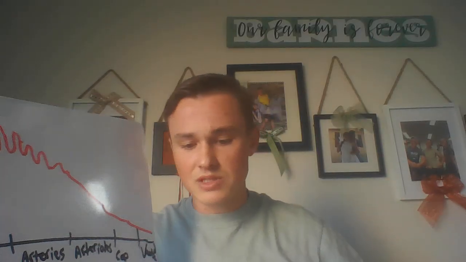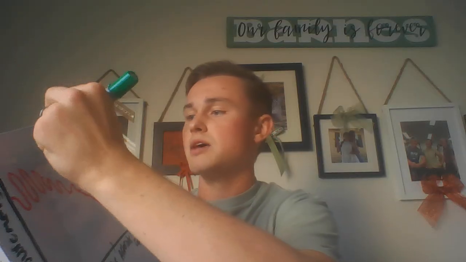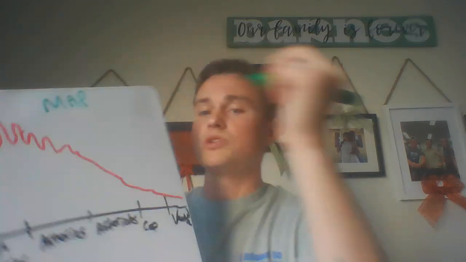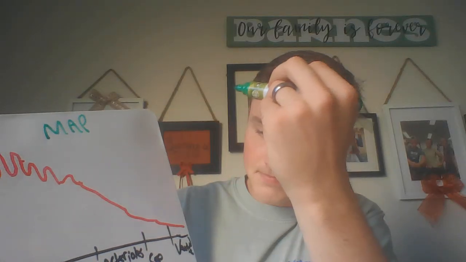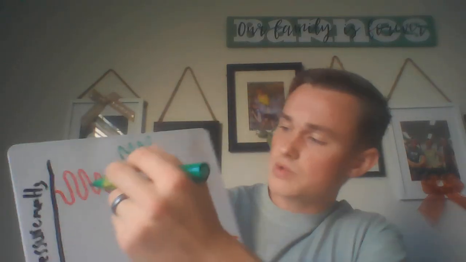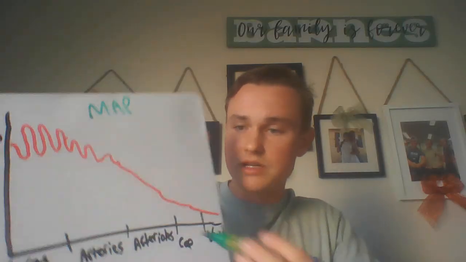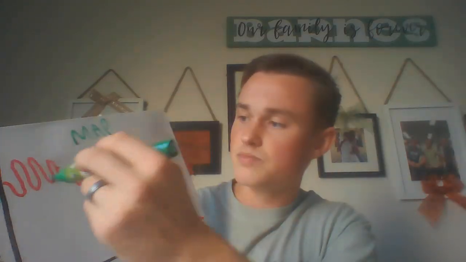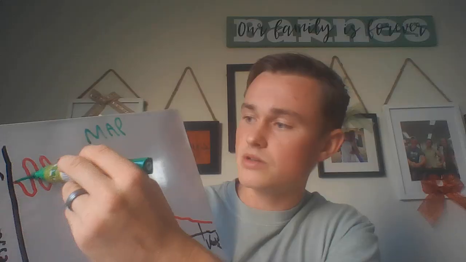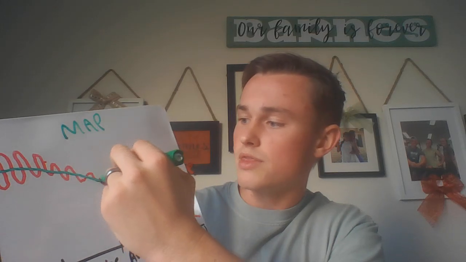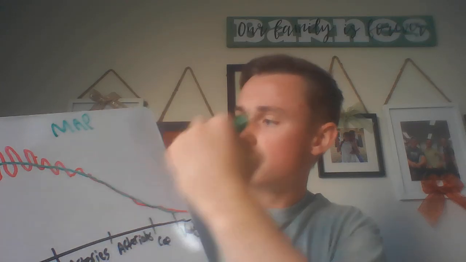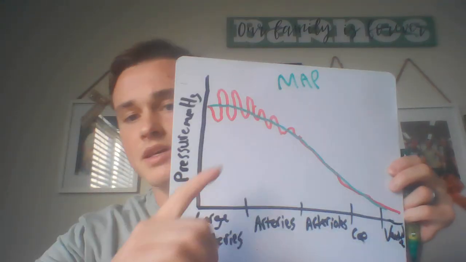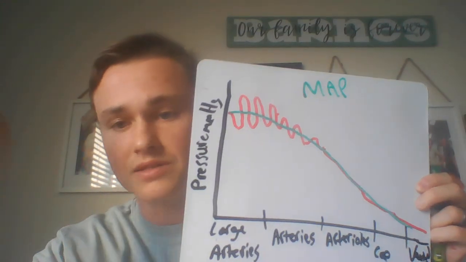But I want to talk about something that we call MAP, M-A-P, which stands for mean arterial pressure. So we have our arteries and their different pressures here. I'm going to draw with the green marker what that means. Our mean arterial pressure is exactly what it says it is, right?